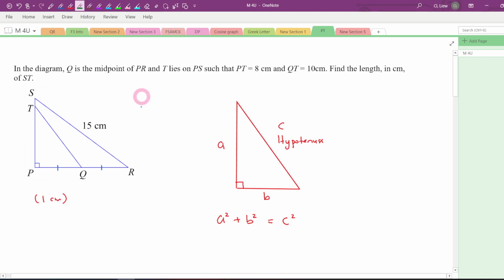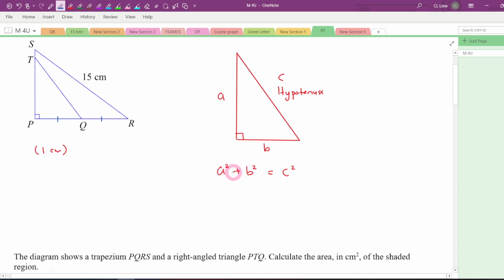Okay, now if I want to find A, first I need to isolate the A, right? So A squared is equal to C squared minus B squared. Now, I'm not interested in A squared.